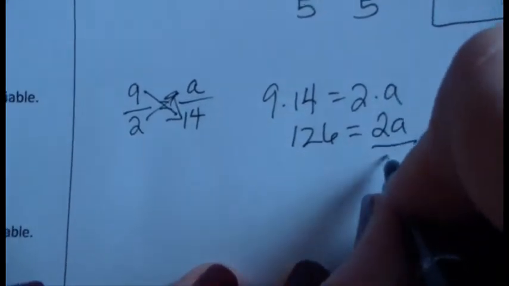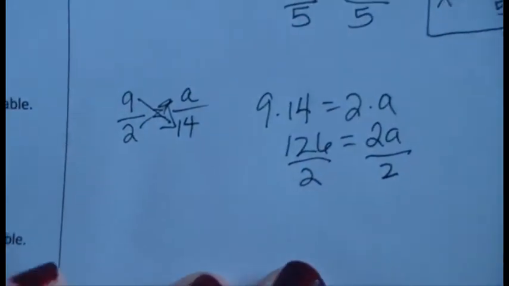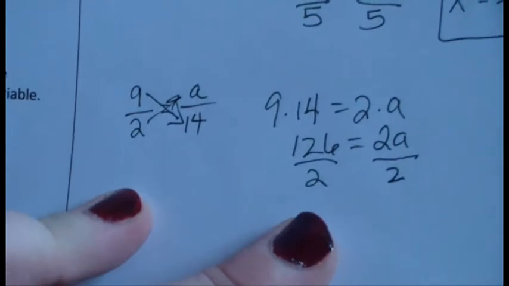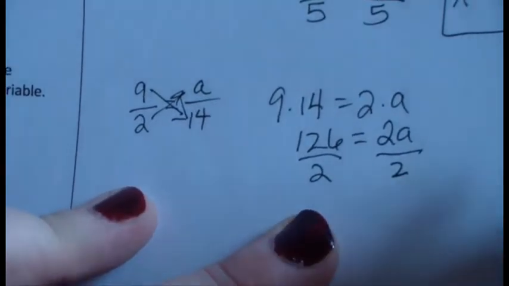Divide both sides by 2. That's going to be 63. So A is 63.